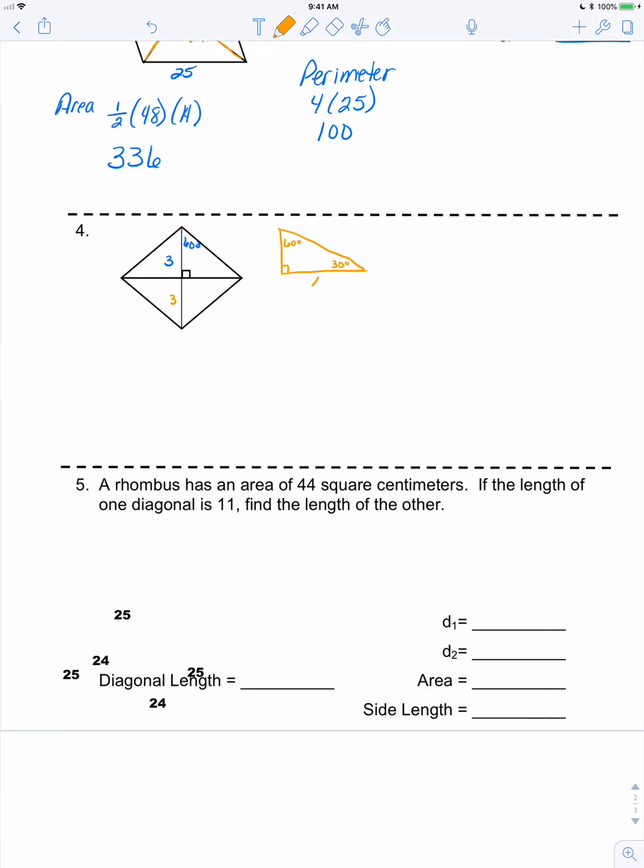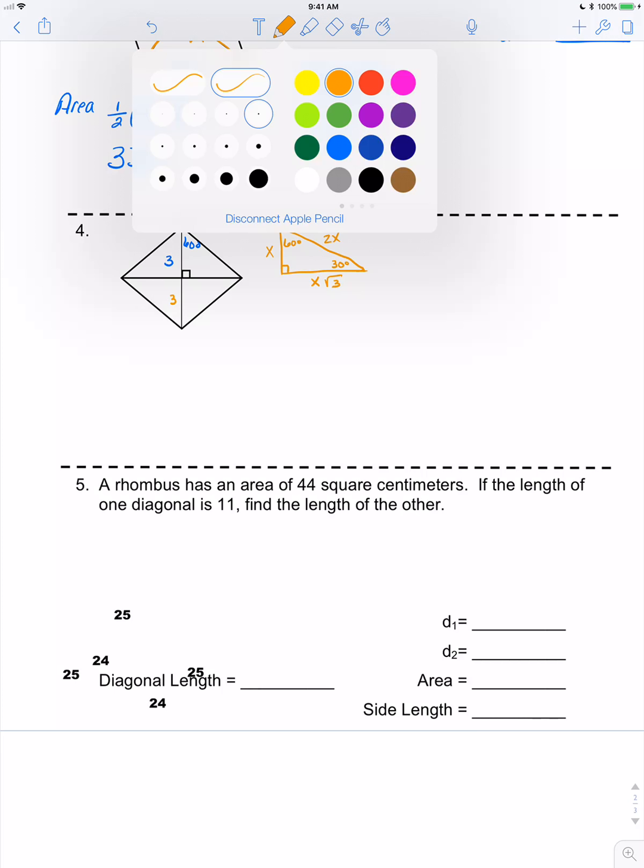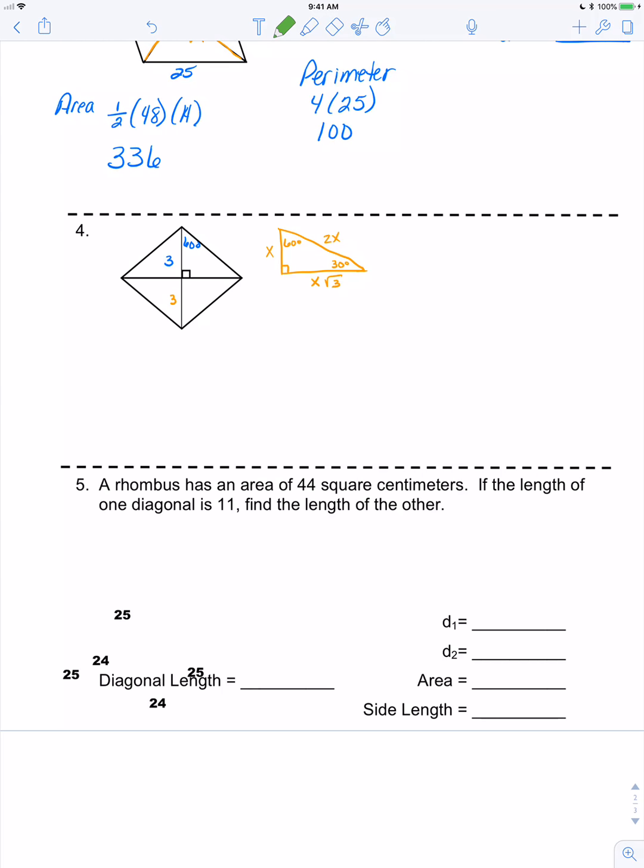Remember that that is x square root of 3. The 60 degrees is the x, and the hypotenuse is 2x. Well, in this instance, if that x is 3, then we know this side length is going to be 3 square roots of 3. And then the hypotenuse, which is 2 times x, or 2 times 3, is going to be 6.